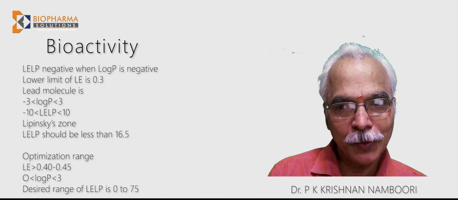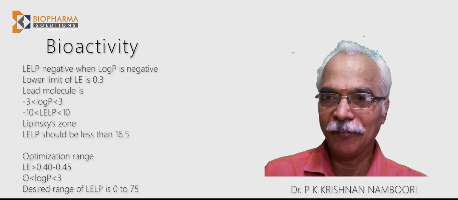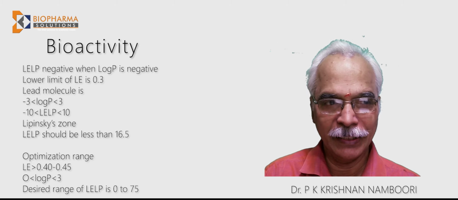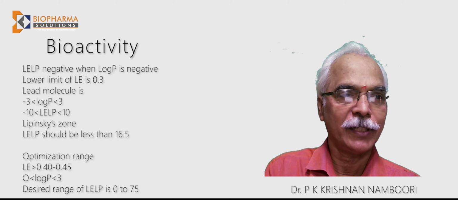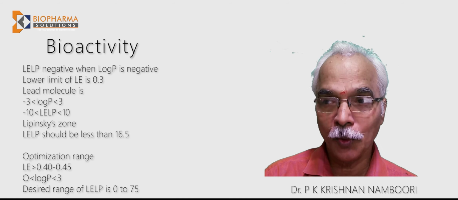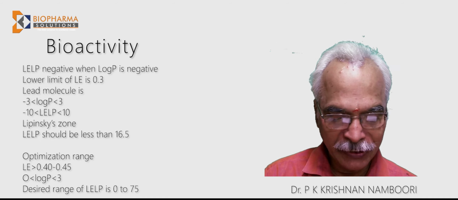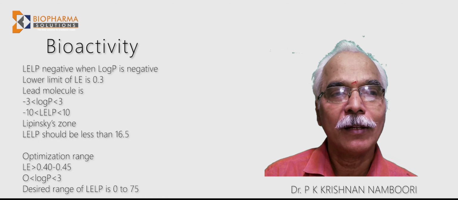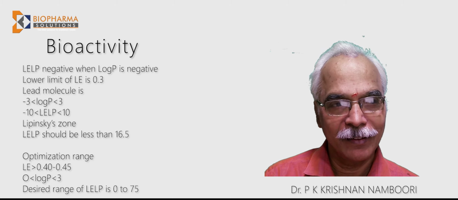And mind you, Lipinski is a very primary screening criterion. If you want to include all the molecules listed through Lipinski's rule, what you call the Lipinski zone, if you measure LELP, it would be up to 16.5. It need not be up to 10.